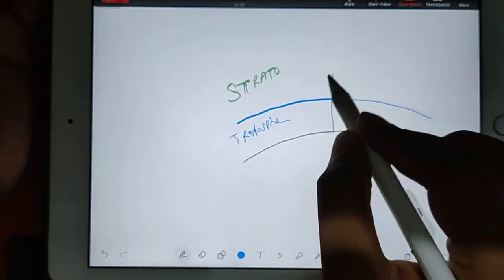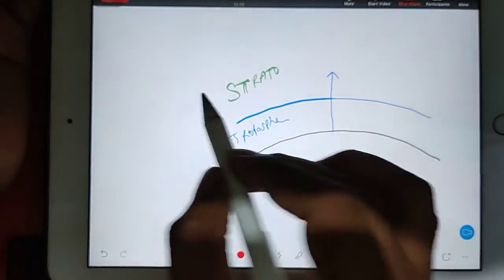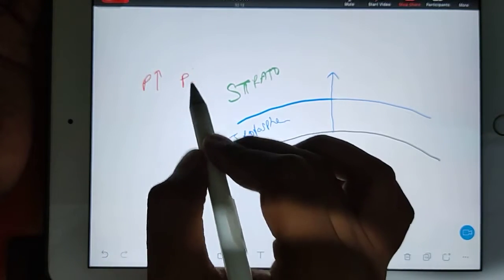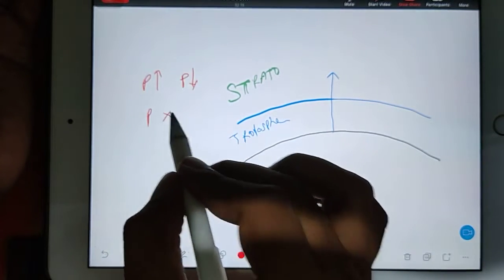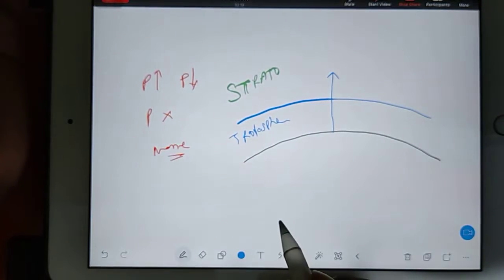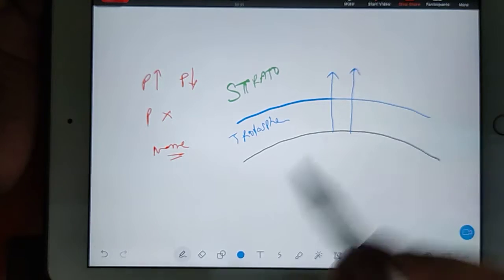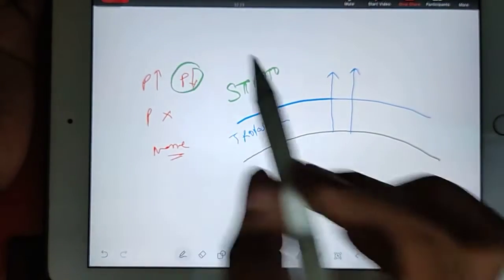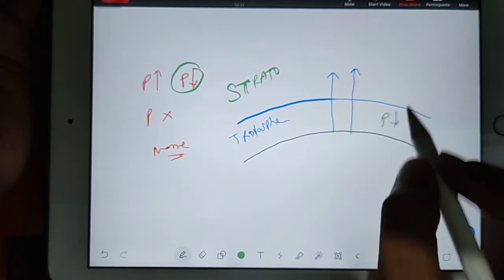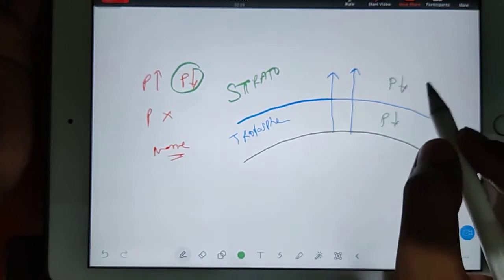When you are going up, will pressure increase, decrease, not change, or none? If I give you four options, you should say that when we are going in the upward direction, pressure will decrease in both the atmospheres. In the troposphere pressure will decrease, and in the stratosphere also pressure will decrease.